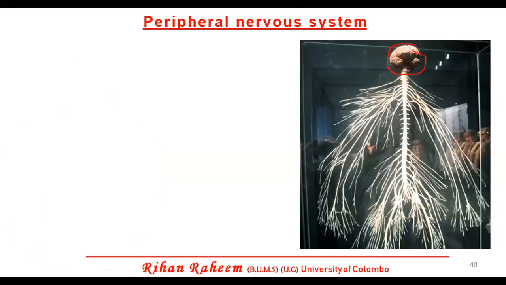This is the main brain, and this is the spinal cord. Whatever branches are coming from the spinal cord, can you see? If you count, you can see 31 pairs are there. Those things are the peripheral nervous system. In the brain also it is there, but in the brain it is very, very small, so you can't see it in the picture. But in the hands and the legs, it's very long, therefore you can see it. So that is the peripheral nervous system.